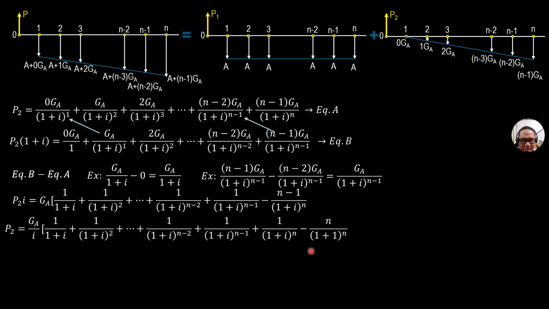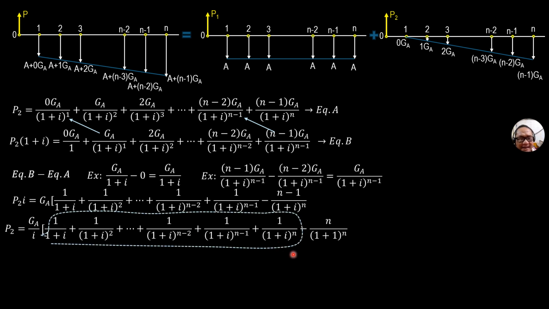We note that this term up to here are in geometric progression. And remember, the sum of geometric progression is 1 minus r to the n over 1 minus r. So that is the first term, A1, quantity 1 minus r to the n over 1 minus r.